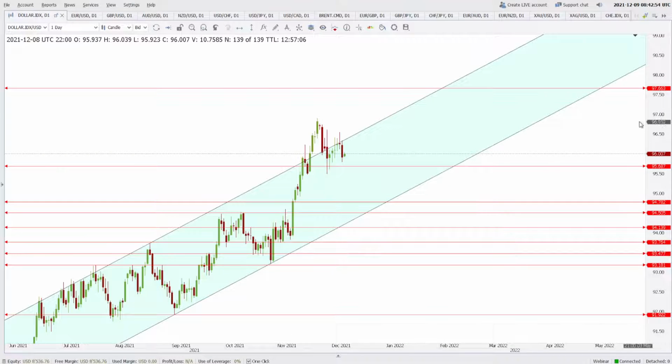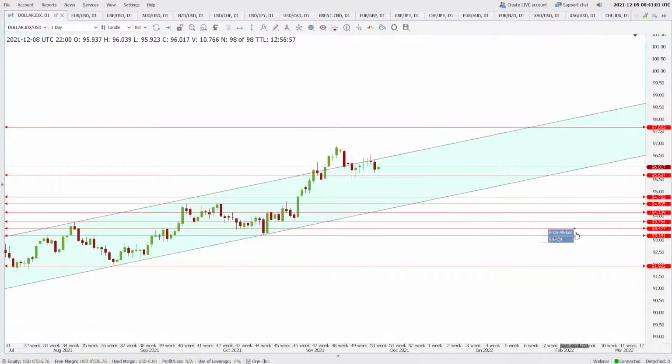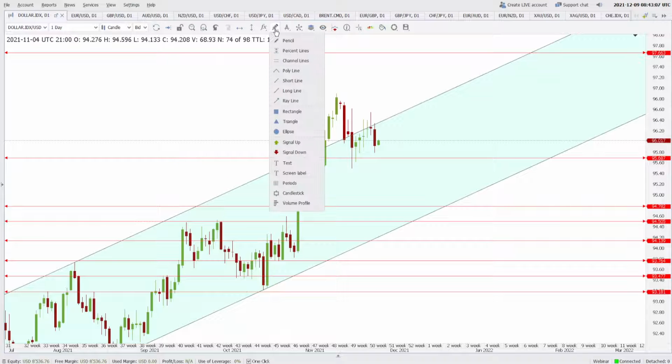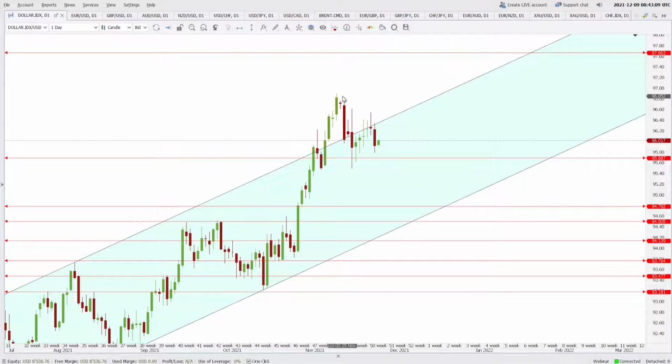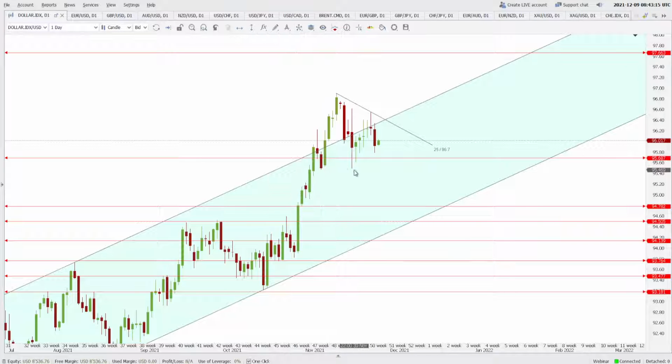So right now the price is trading within this rising channel, which it had broken out of a few days back, and now it's trying to give us a sort of symmetrical triangle here. If it is not visible to you, I will make it for you, something of that sort. Till the time the price does not break out from this symmetrical triangle, I'll say just stay away from trading this.